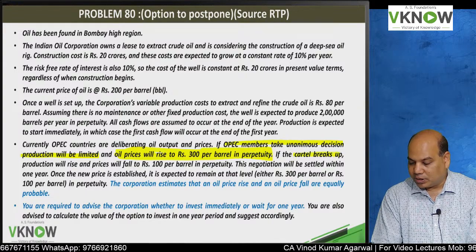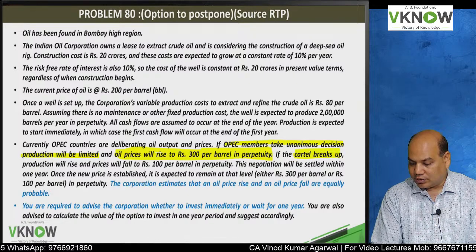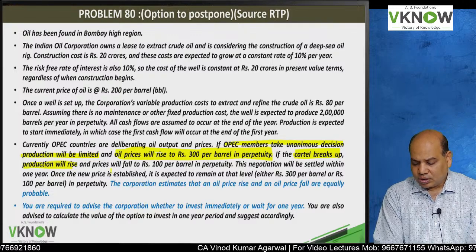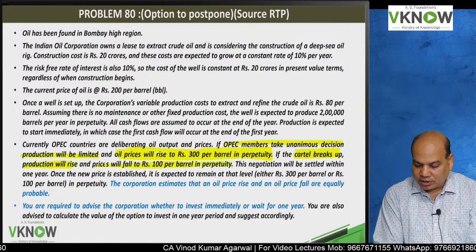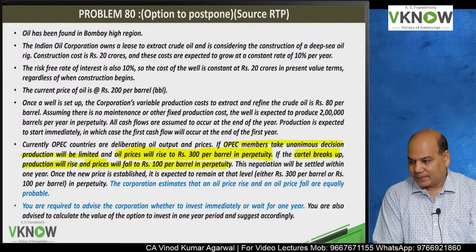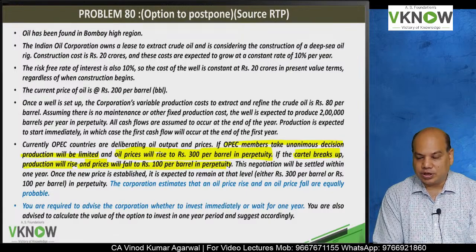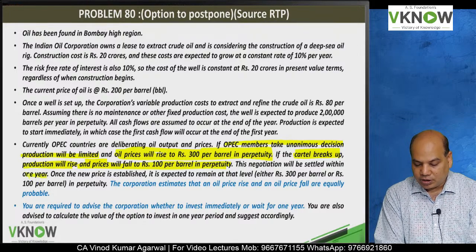If the cartel breaks up, means they don't agree, production will rise and price will fall to 100 rupees per barrel in perpetuity. This negotiation will be settled within 1 year.